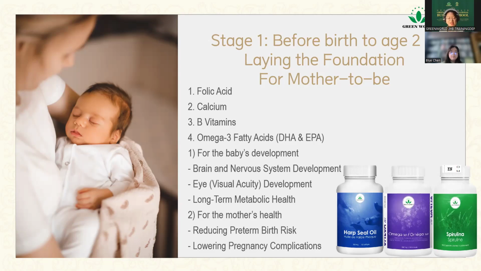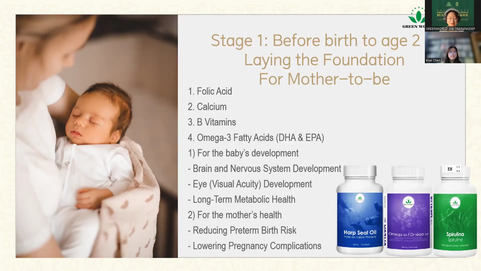Research suggests that maternal DHA and EPA intake may influence the baby's health far beyond early childhood. Maternal supplementation has been linked to favorable regulation of genes related to fat metabolism and energy balance in offspring, potentially reducing the risk of childhood obesity and other metabolic disorders later in life.